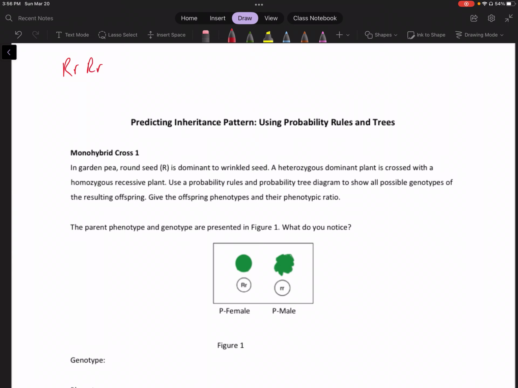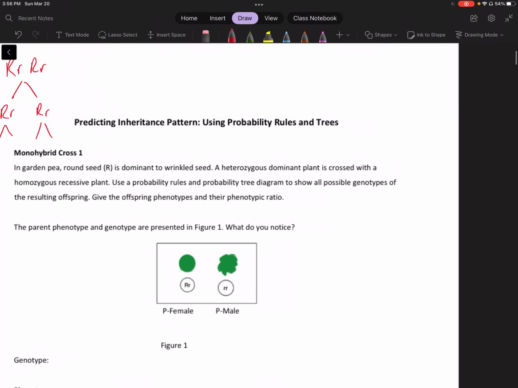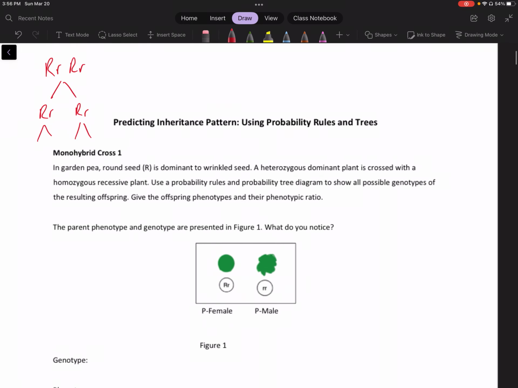Then we go through meiosis 1, where we split the cells, and we go into meiosis 2, and because there's no interphase before meiosis 2, we're not going to duplicate the DNA again. And the only combinations we can give the offspring is either this capital R or this lowercase r. That is what we're looking at with this set of alleles.